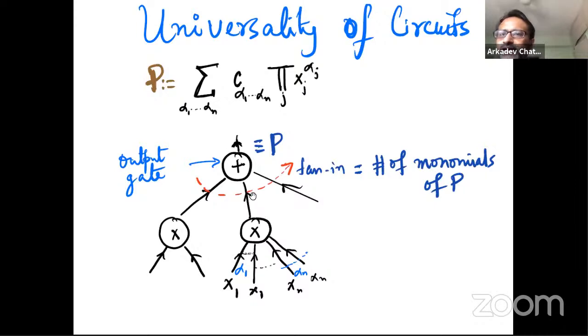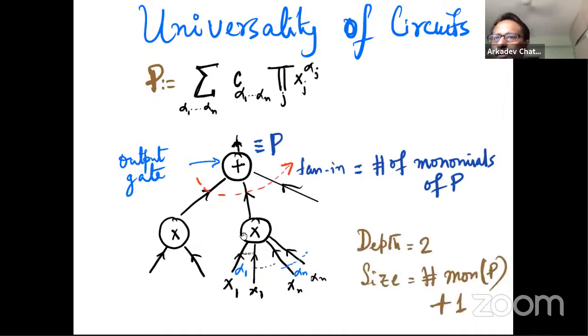You're also feeding in a constant. You can multiply the constant into the product gate, the constant being the coefficient of the monomial. So each product gate will also have that, and this way you can certainly compute any polynomial in depth 2. So it is very much a universal model. It's a trivial observation, but it's good to know.